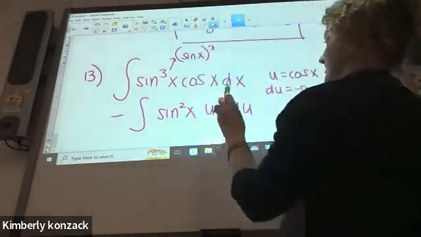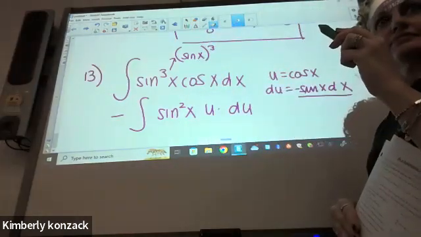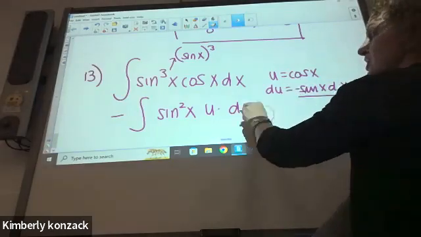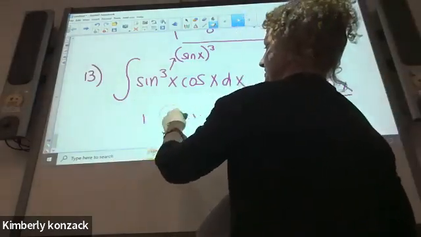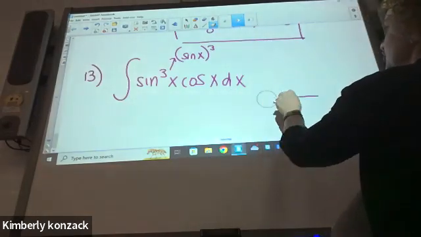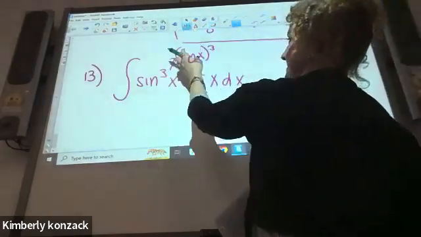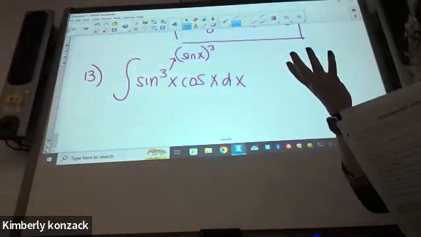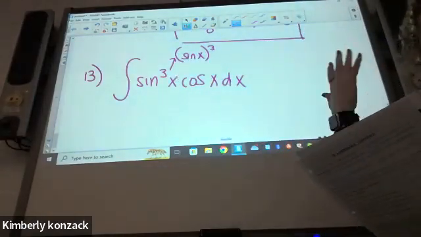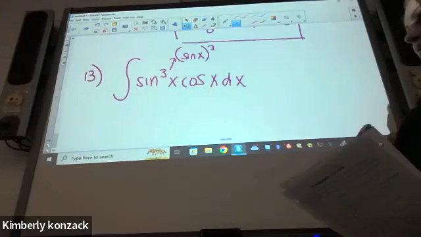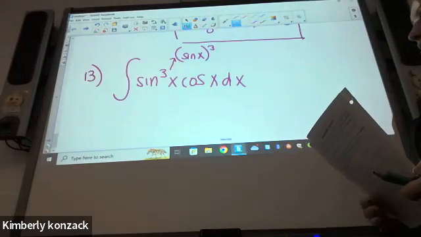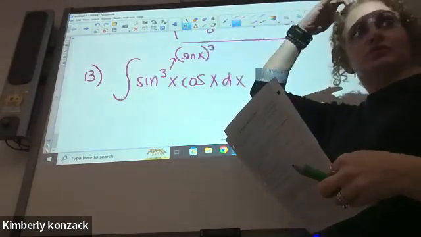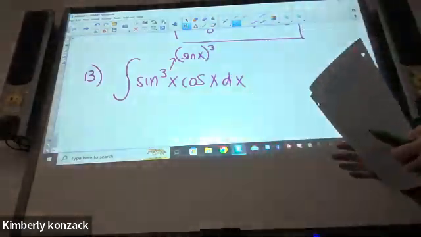If I looked at it, I would just pick one of them, and if it didn't work, I would pick the other. That's probably sometimes what you'll be doing, but you should try to pick the one that's inside the function, something like the parent function. It's cubed, or it's to the 3/2, and most of the time that's the one that helps us. But don't make the cube part your u, because that makes it more complicated.